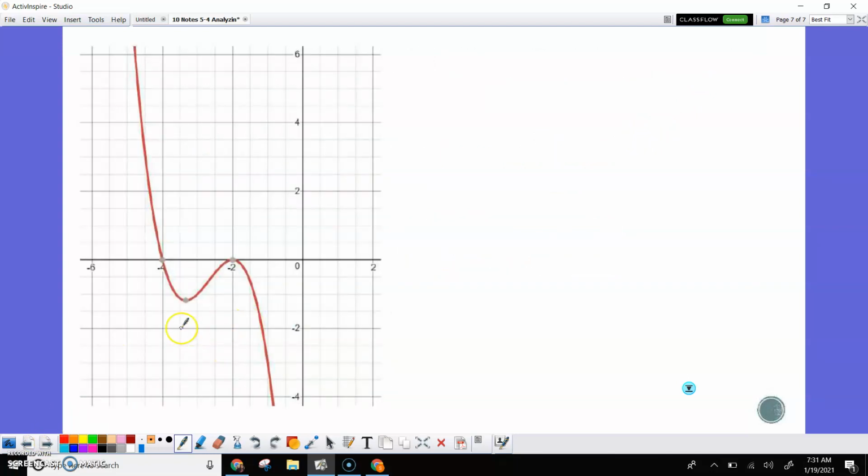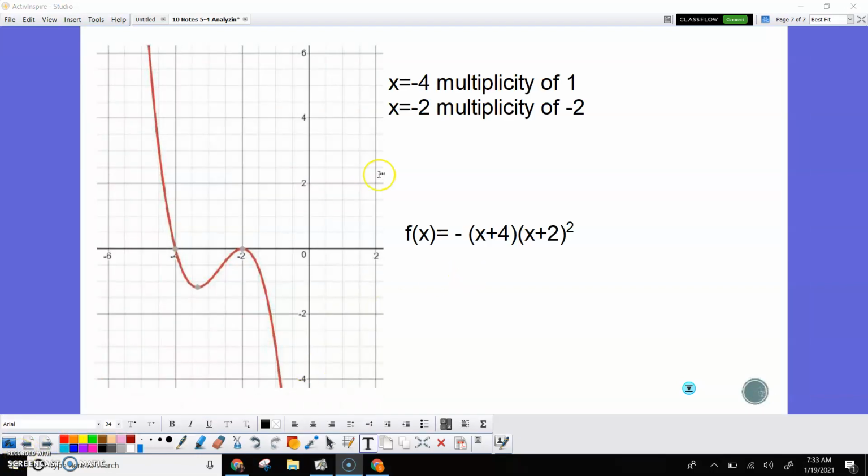Okay, right here, if you want to pause the video and try this one. So for this graph here, we have a root at -4 and a root at -2. So -4 has a multiplicity of just 1 because it goes straight through. -2 has a multiplicity of 2, excuse me, because it bounces off that root. It doesn't go straight through it.